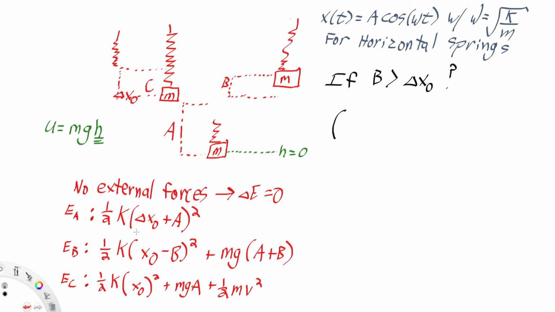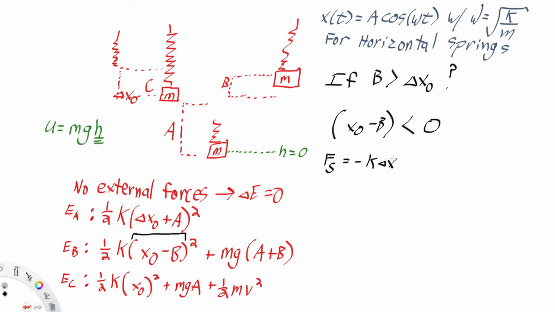That means that this factor here, x0 minus b, is going to be less than 0, right? It's going to be a negative number. And what does that indicate? When we've got Hooke's law, the force exerted by a spring is equal to negative k delta x.